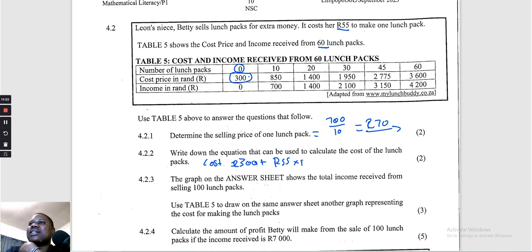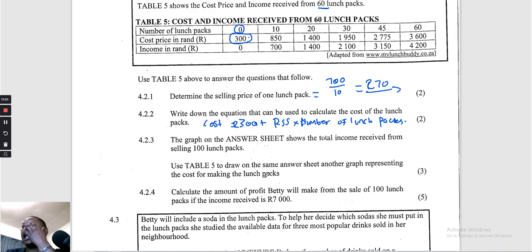What can I write? Okay, let me write number of lunch packs. Then that is the formula there. Then they say the graph on the annexure sheet shows the total income received from selling 100 lunch packs.